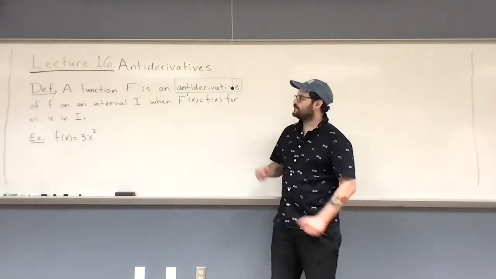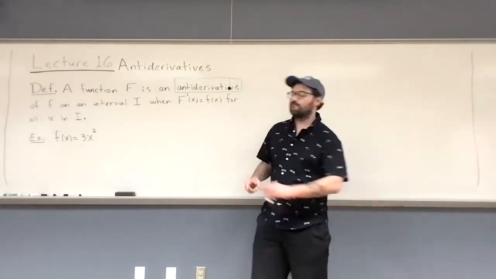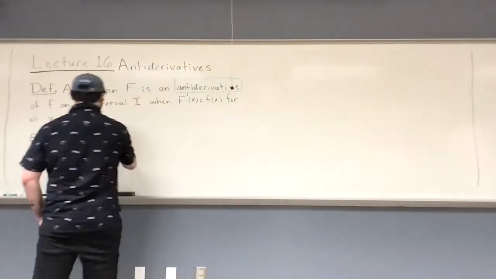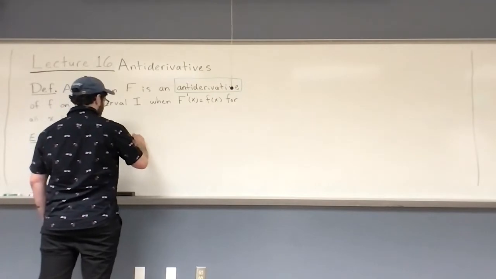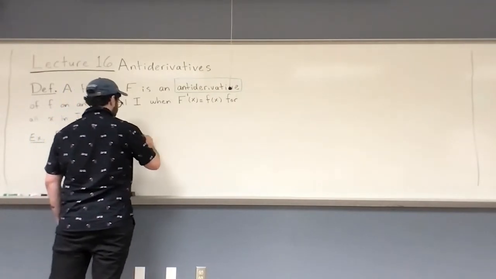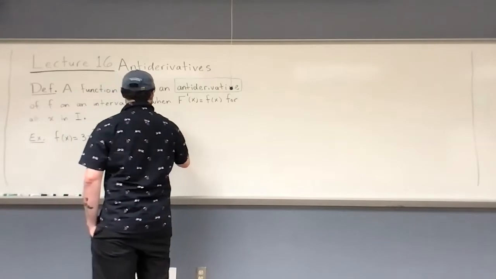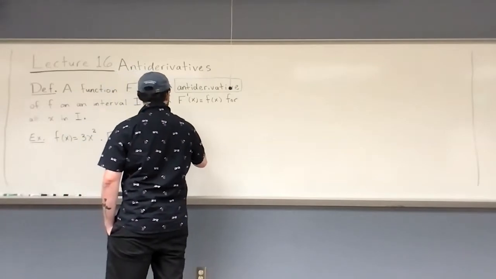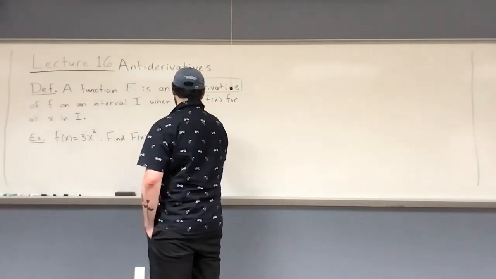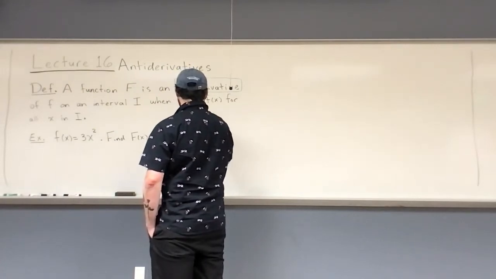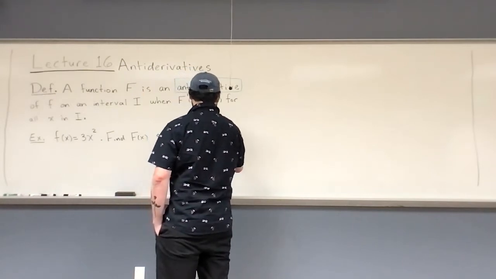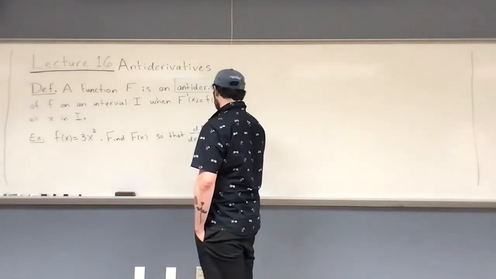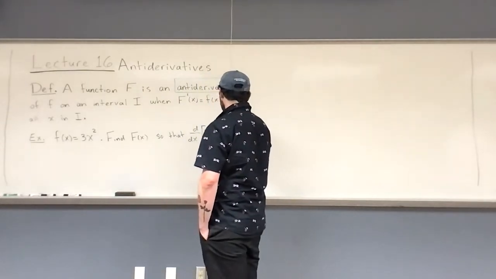We need to find a function capital F of x so that the derivative with respect to x of capital F of x is equal to 3x squared.